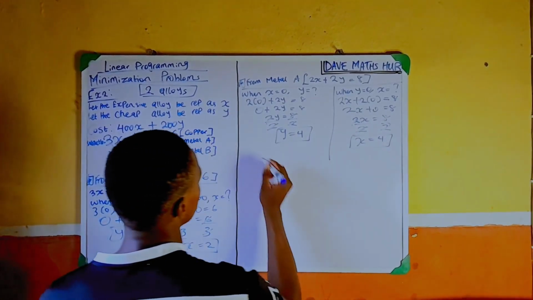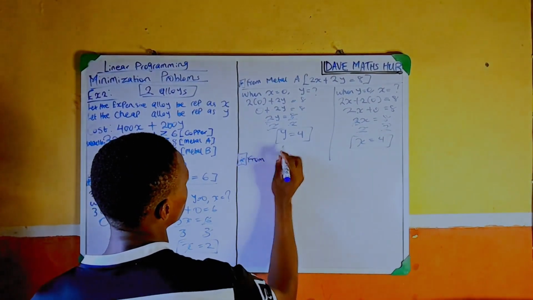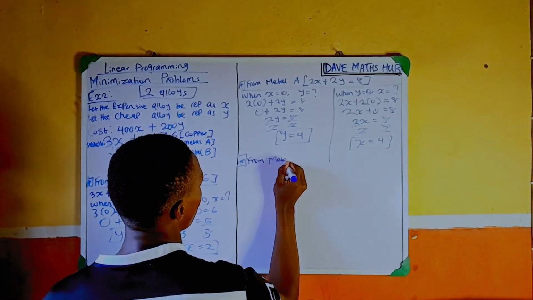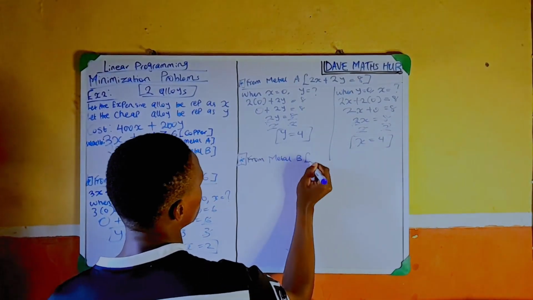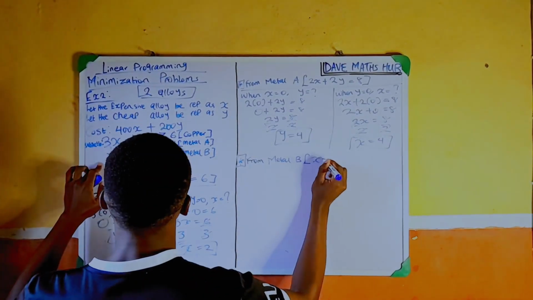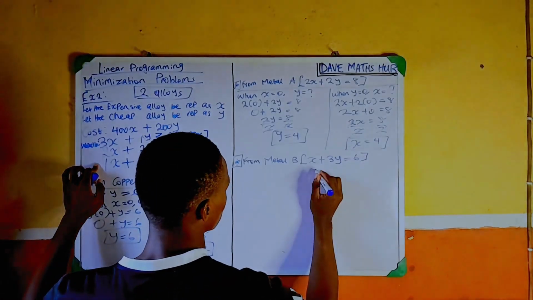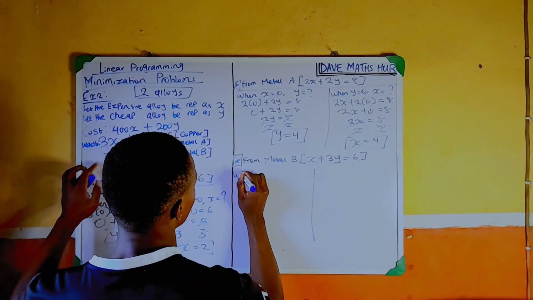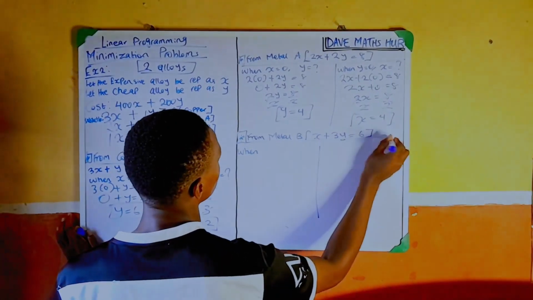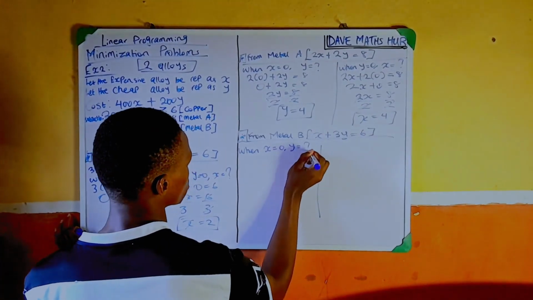And for the last constraint, from metal B, which we are given to be x plus 3y equals 6. When x is equal to 0, y is equal to what?